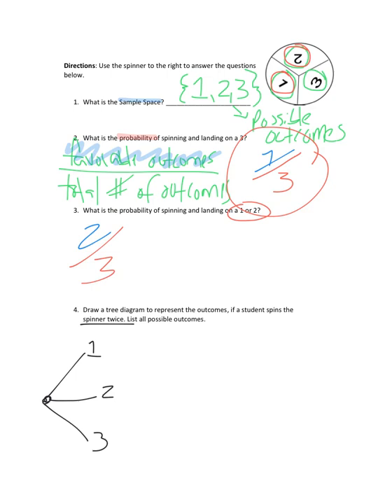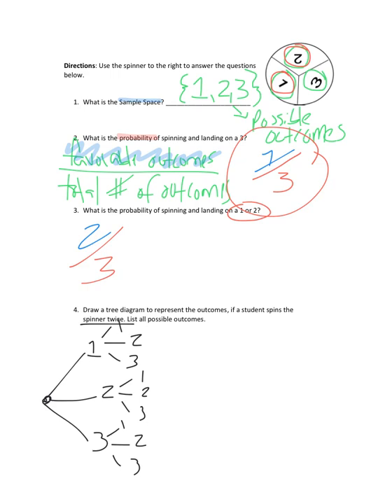On my second spin, if I land on a 1, I can then land on a 1, 2, or 3 again. If I land on a 2 in my first spin, I can land on a 1, 2, or 3 again. And if I land on a 3 in my first spin, I can land on a 1, 2, or 3 again. This will just be a tree diagram to show the possible outcomes.